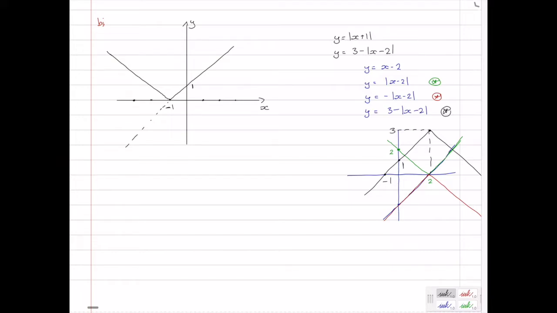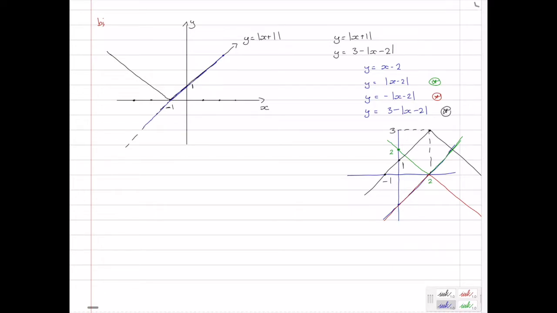Okay, so let's go and add that onto our final answer. So firstly, actually, let's label this x plus 1. Let's use blue to draw y equals 3 minus the absolute value of x minus 2. So we know that it's going to pass through the point 3, 2, which is exactly this point here. It's going to go down across this line, actually.